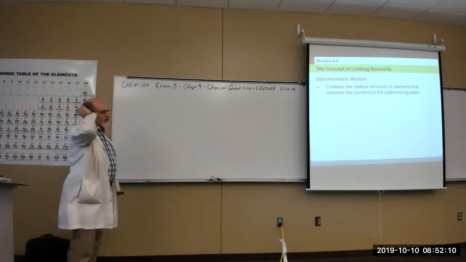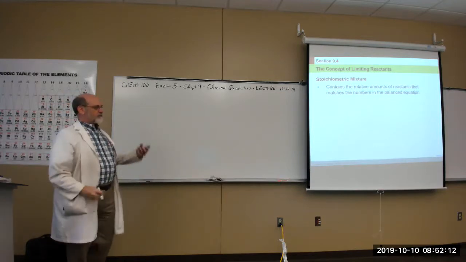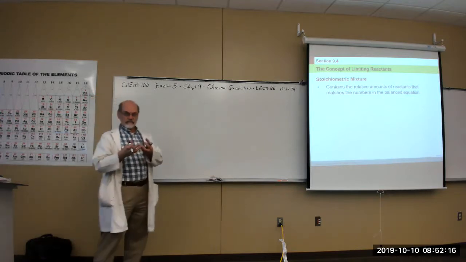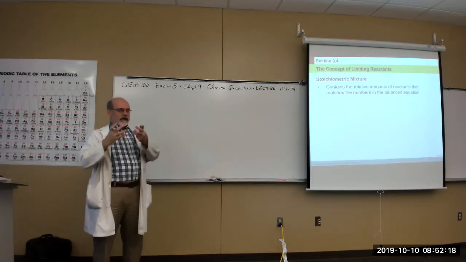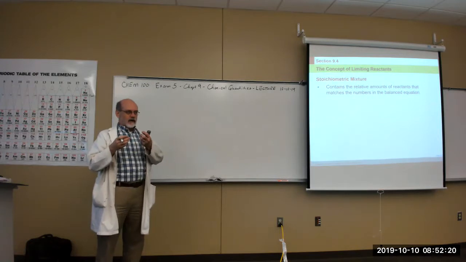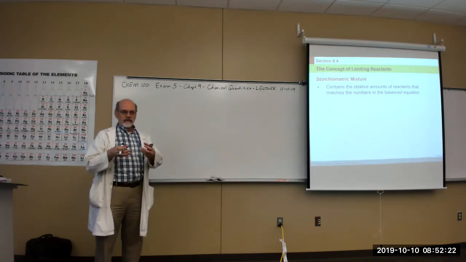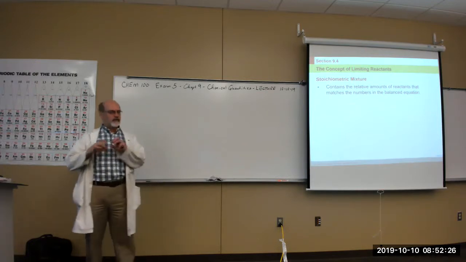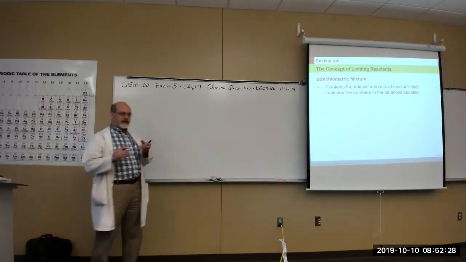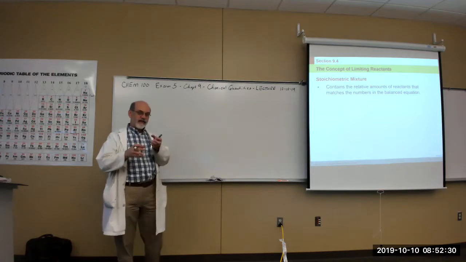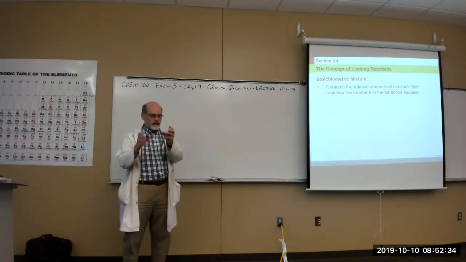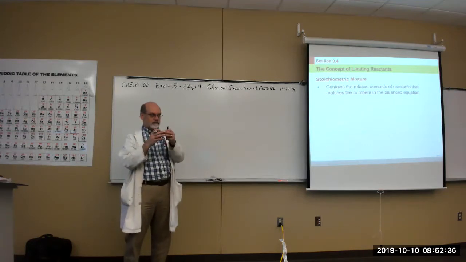A stoichiometric mixture is a combination of reactants in which after the reaction, there are no reactants left. They're completely consumed, both of them. So in order to be stoichiometric, they have to be exactly the right number of moles of each one to react with nothing left over.